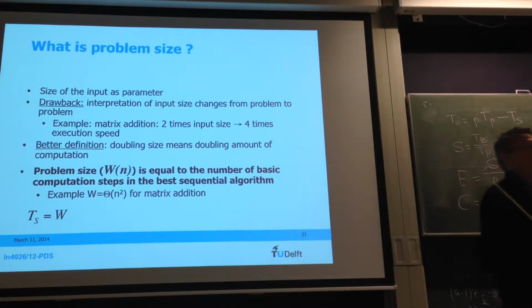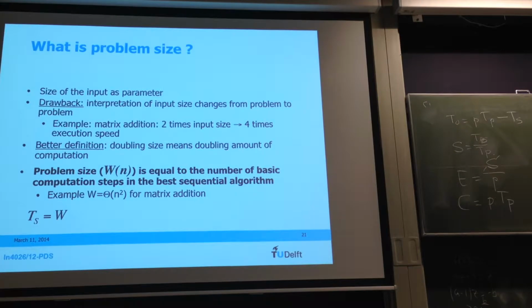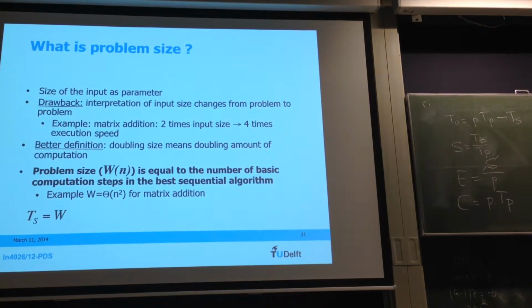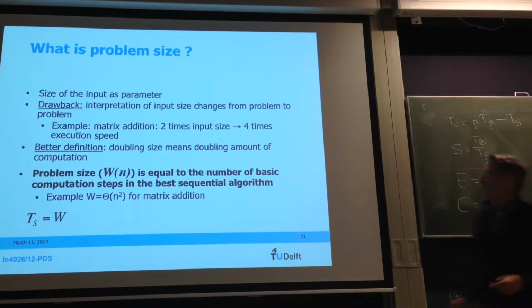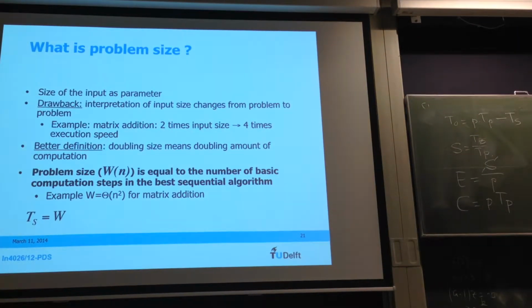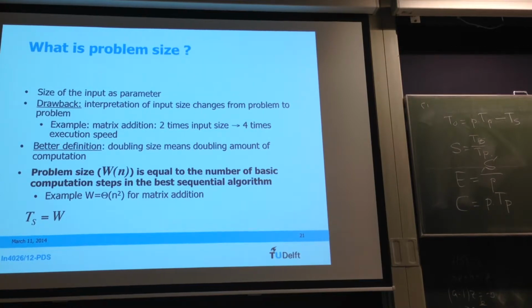So we change dimensions: we have unit steps or number of calculations instead of seconds and time. I mean, that's equivalent in this case. And the reasoning with this formula is way easier in terms of iso-efficiency than talking about real time.